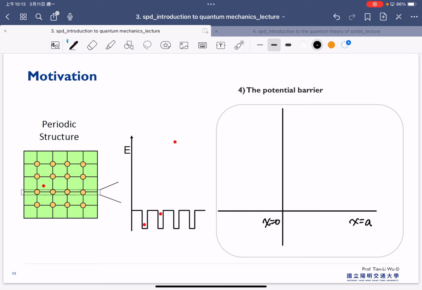But right now there are potential barriers here.